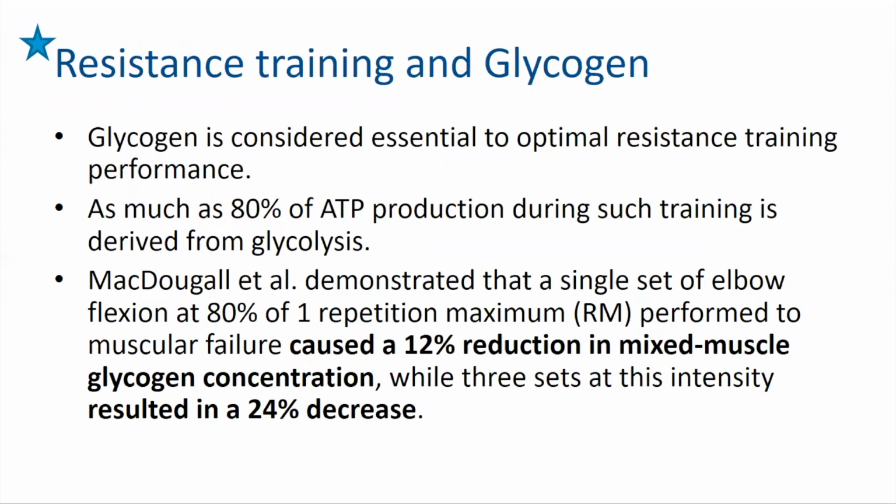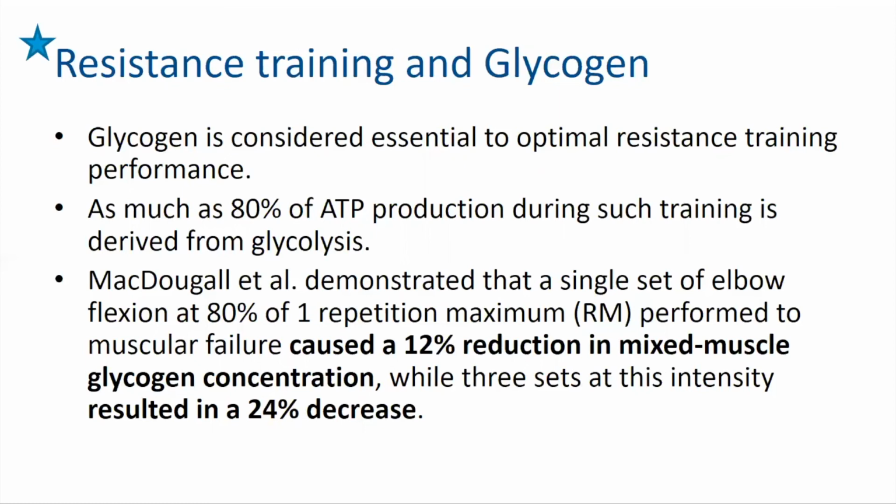So although we're talking about aerobic type exercise or anaerobic type exercise, where we're talking about an endurance type activity, we are also able to deplete our muscle glycogen with weight training.